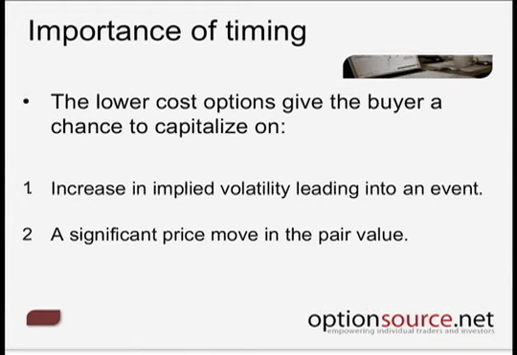So in other words, we're taking advantage of cheap options, making money when the value of those options expand from an implied volatility perspective, and we're also taking advantage of a significant price movement in one direction or another.